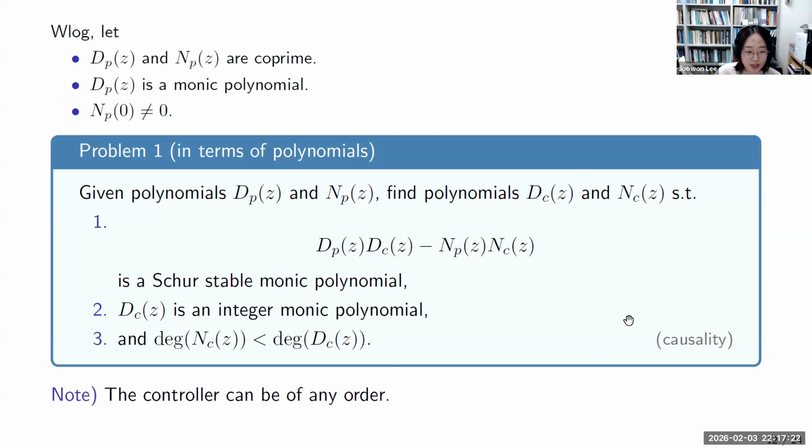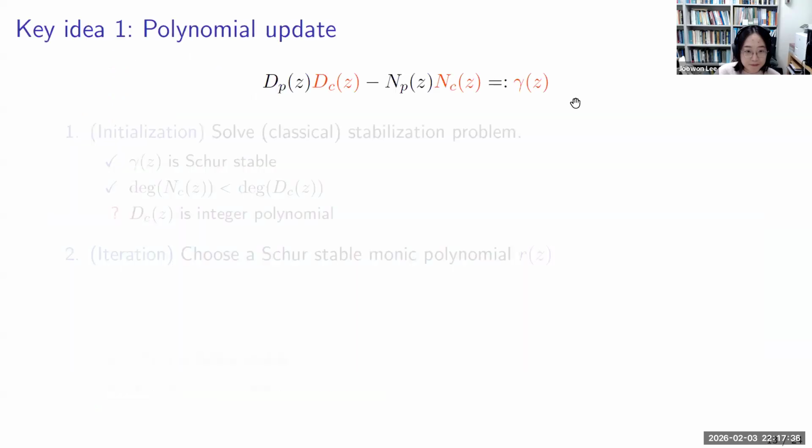And please note that the resulting controller, NC over DC, can be of any order. It just needs to have integer coefficients. And our key idea to solve this problem is to update the polynomials DC and NC.